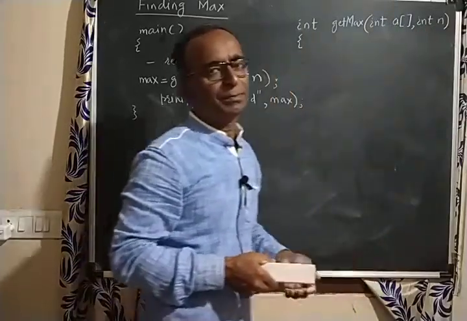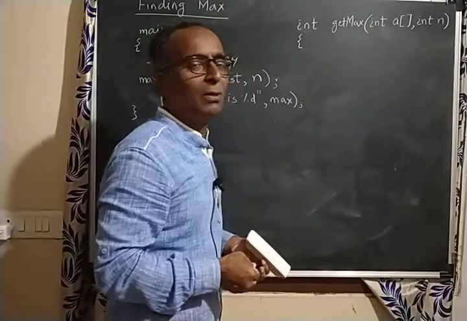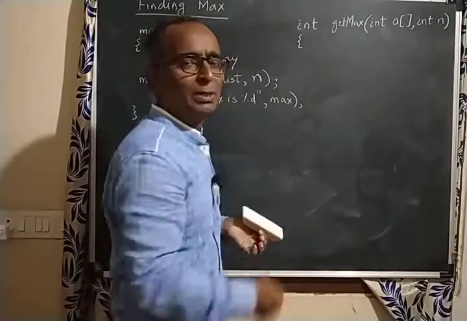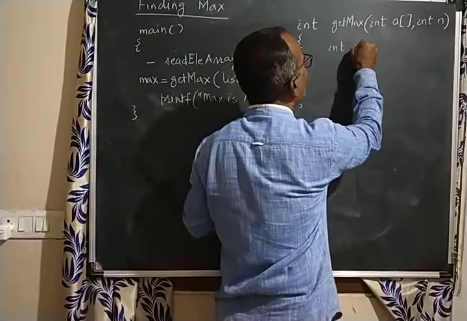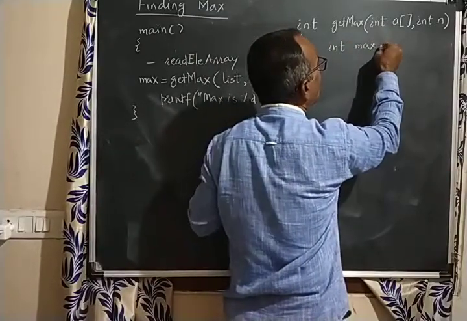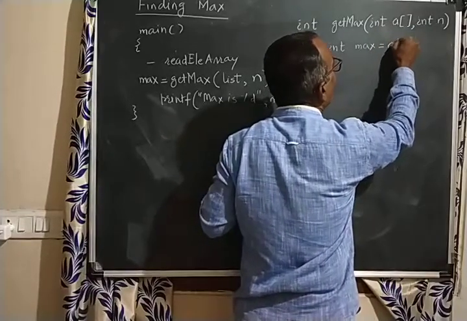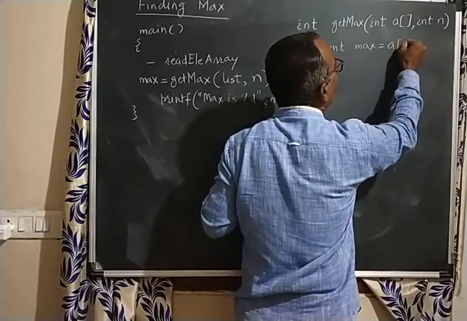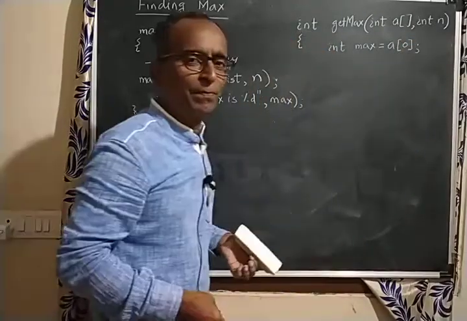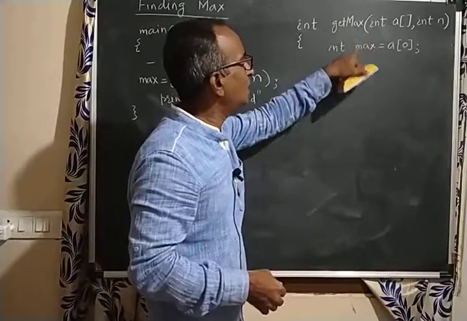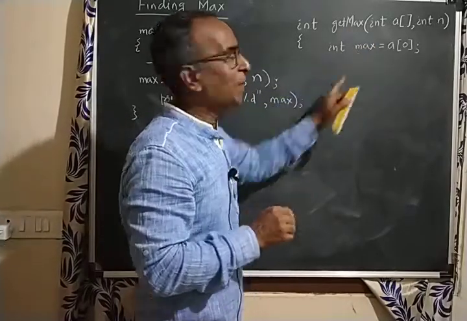Now what that person will do is the same procedure we have seen: he will declare his own max element and initialize it with a of 0, the first element. This max is inside this function. He will think the first element is maximum.